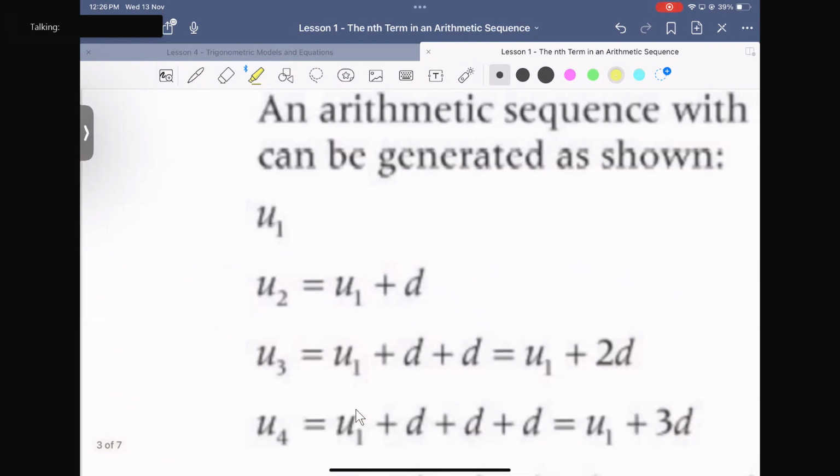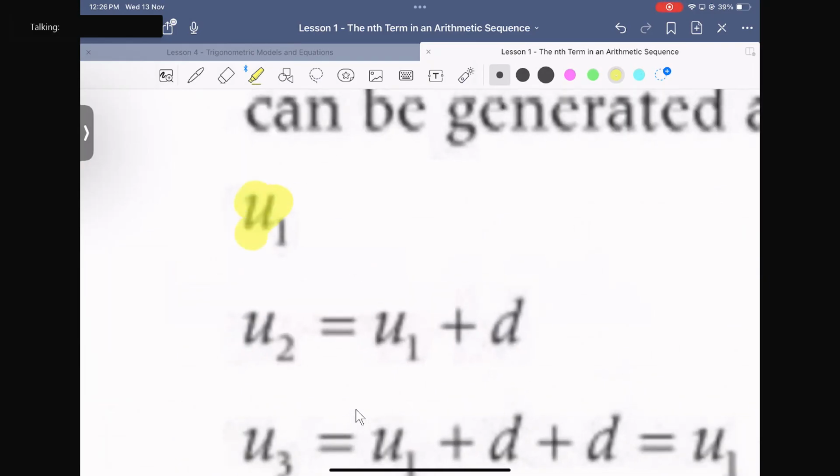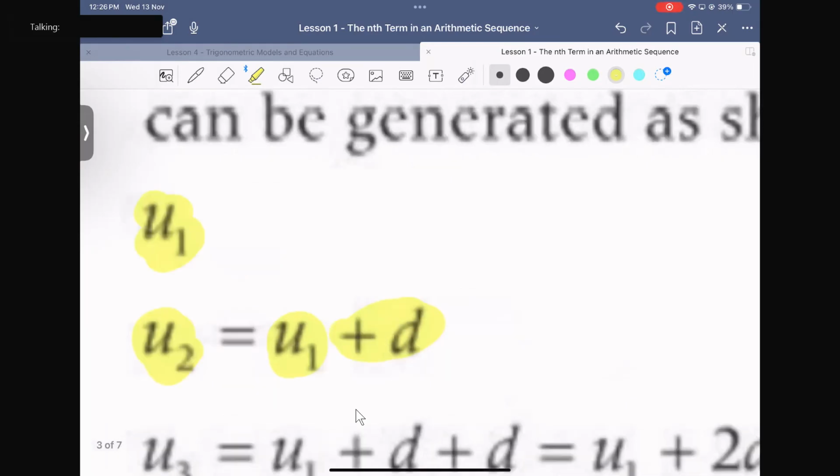If we take an arithmetic sequence, it's going to start off at U1. The second term, U2, we would make by taking the first term and adding the common difference. So if we add the common difference, we'll move between any two terms in the sequence.